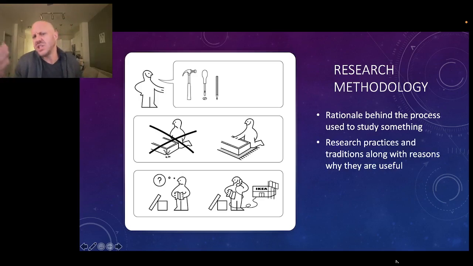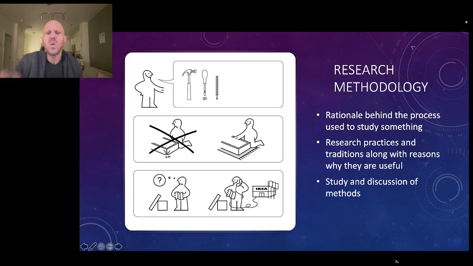These are generally methods that are drawn from tradition, right? Other researchers have used these methods and they've had success with them. And so along with these practices and traditions comes some explanations for why these practices, these methods, these processes are useful to conduct the study. So anytime we are studying research methods or discussing research methods, we are doing methodology.